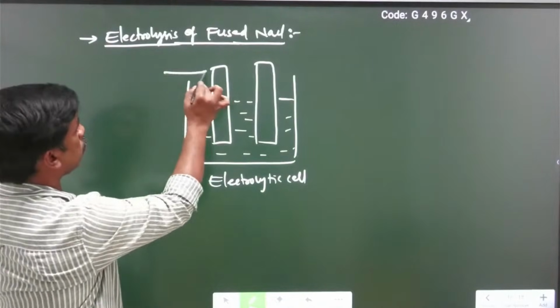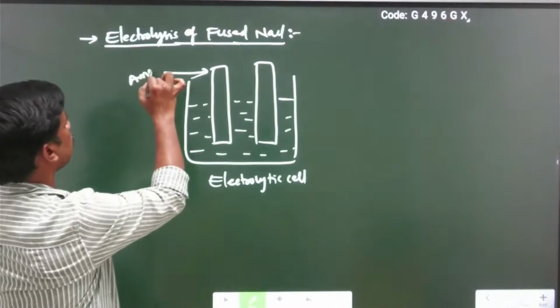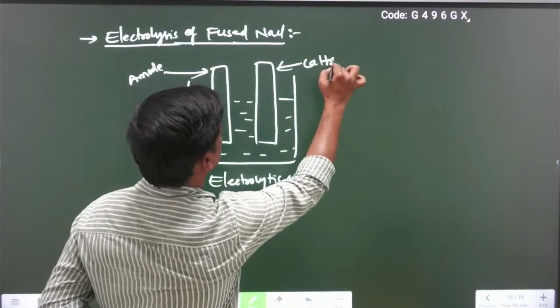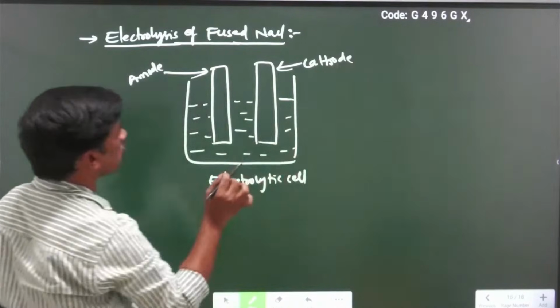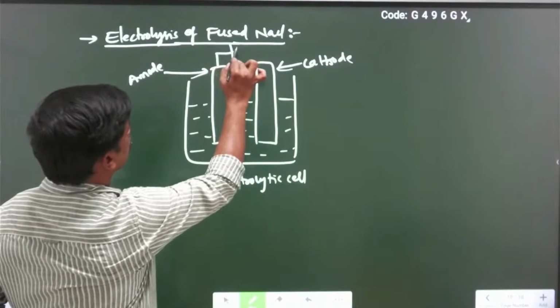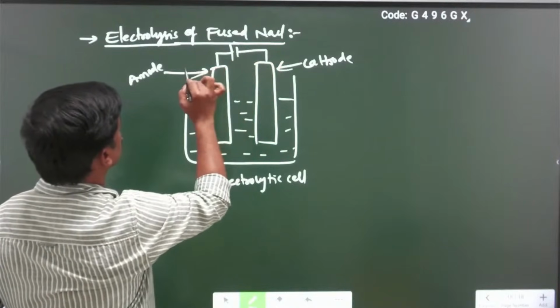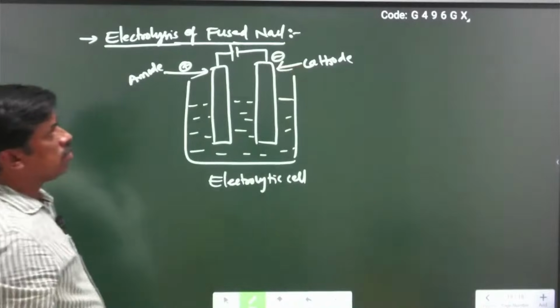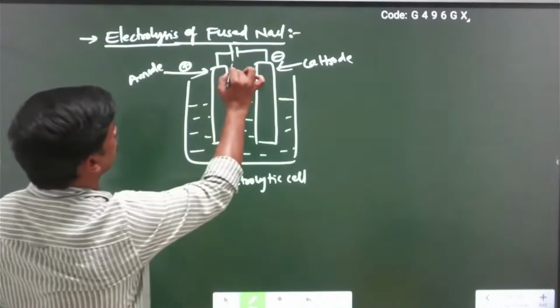One is the anode and the other is the cathode. These two are connected through a battery. The anode is positive and the cathode is negative here.